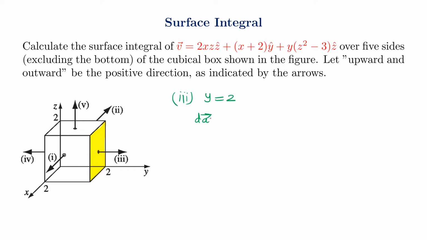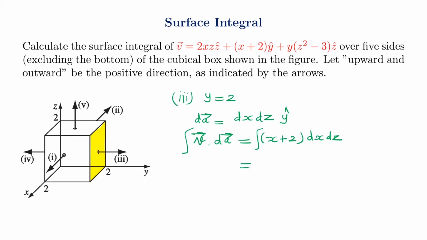In this case, the area element dA will be equal to dx times dz y hat. Therefore, v dot dA will be equal to (x plus 2) dx dz, and hence the integral of v dot dA is equal to the integral of (x plus 2) dx dz, which is equal to integral 0 to 2 of (x plus 2) dx times integral 0 to 2 of dz.